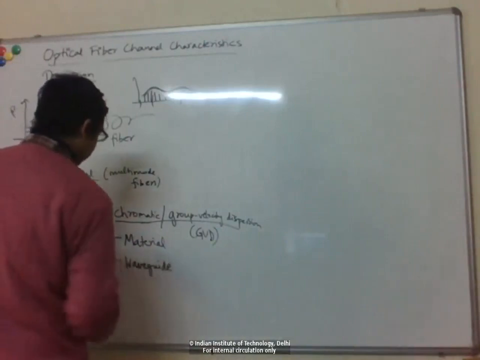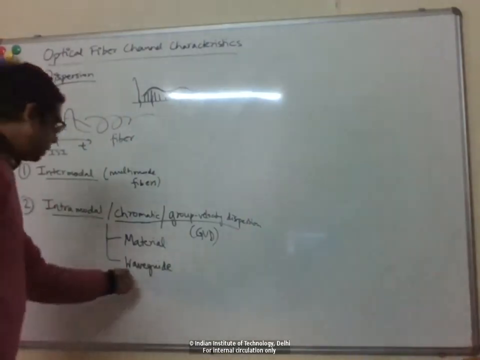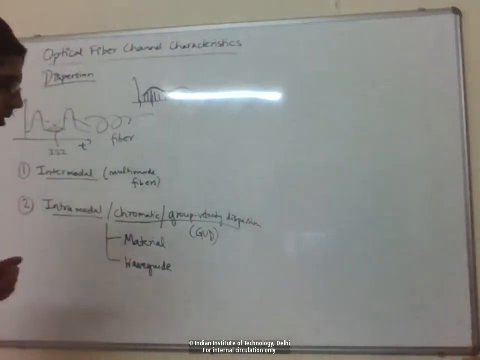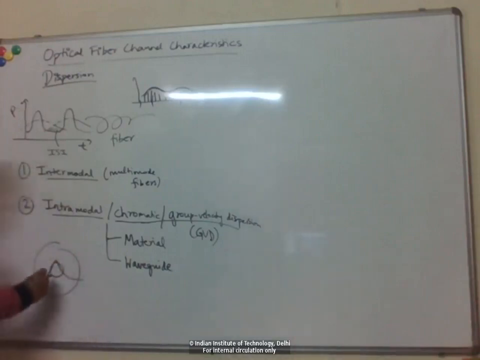So this comes just from the waveguiding effect, the fact that you are confining the mode in this optical fiber medium, right? Just due to the waveguiding effect, there is a dispersion. So if you look at a mode, the core has some refractive index n1, the cladding has n2, and you have a mode which has a certain fraction of the power in the core and a certain fraction in the cladding.